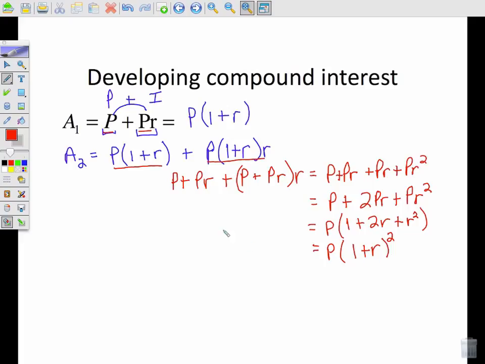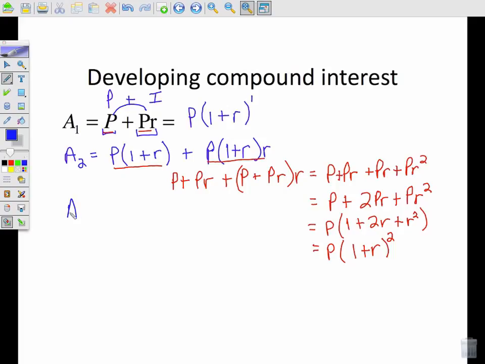You can see some relationships that we're building with these terms. If this is the end of my first year, you can look here, the end of my second year. The expressions are exactly the same except for the exponent. Well, I guess the only thing we can say is let's do this one more time and see if this pattern continues.